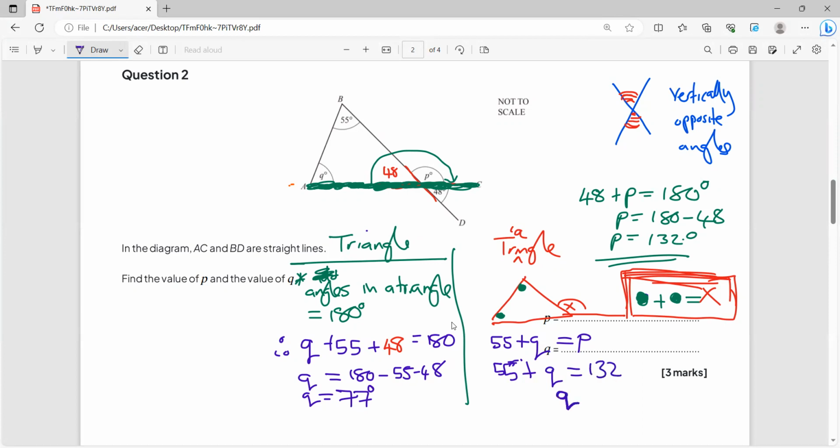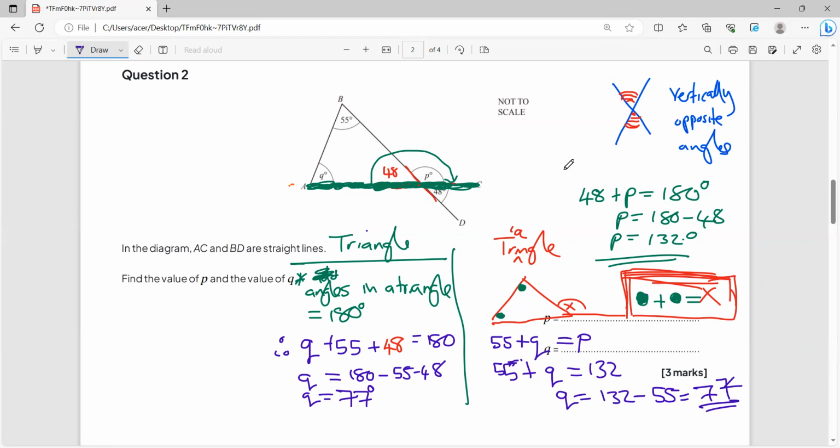So therefore Q is 132 minus 55. Then let's see what we're going to get. 132 minus 55, 77 again. So these are the two ways in which you can find the interior opposite angle, that guy, Q.